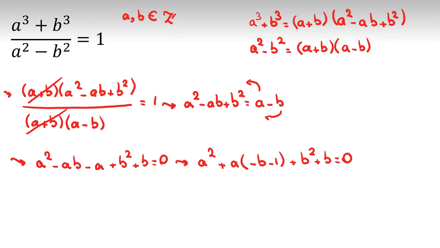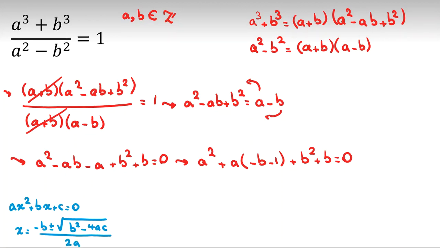So now I want to use the quadratic formula. Quadratic formula is what? If you have ax squared plus bx plus c equal to 0, then x equal to negative b plus minus square root of b squared minus 4ac, all over 2a.